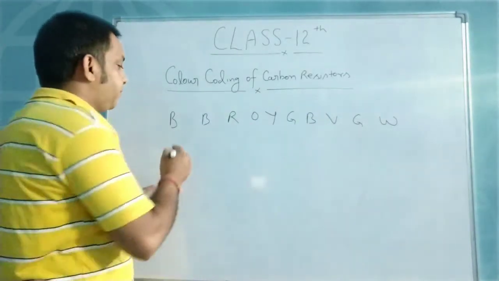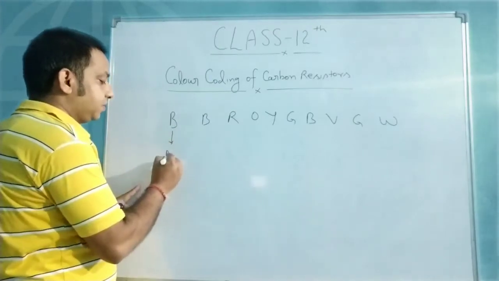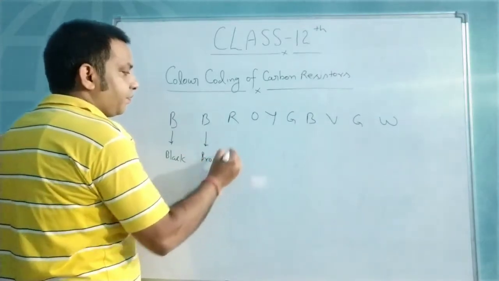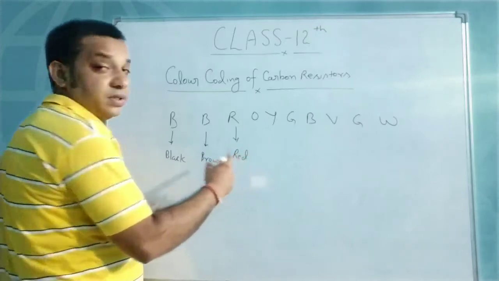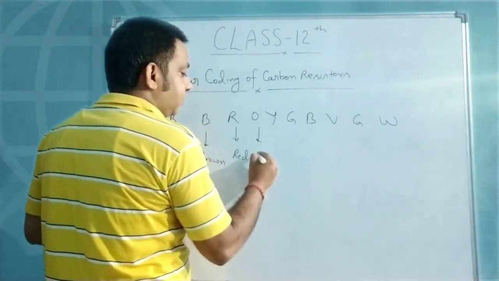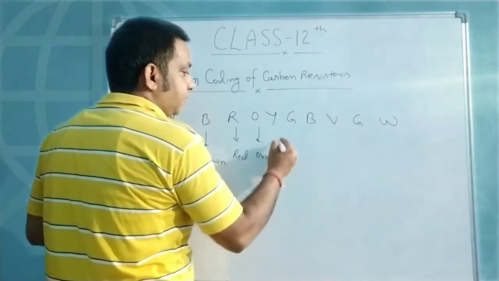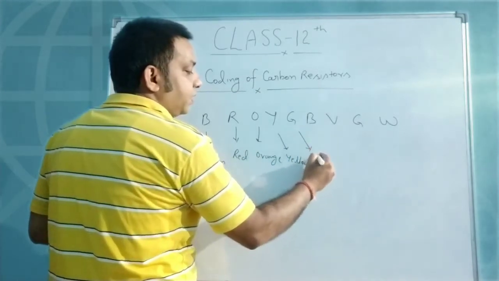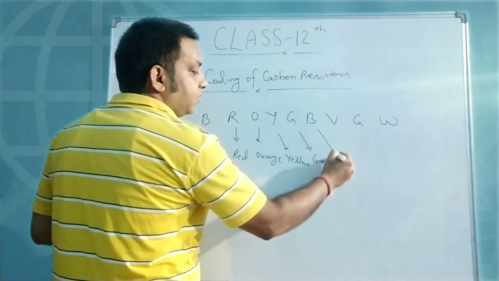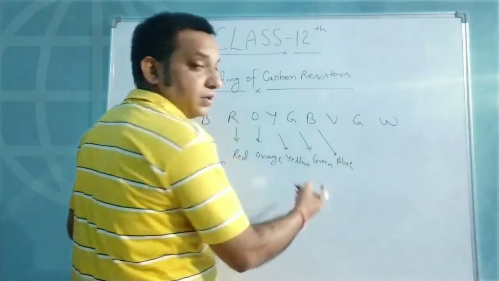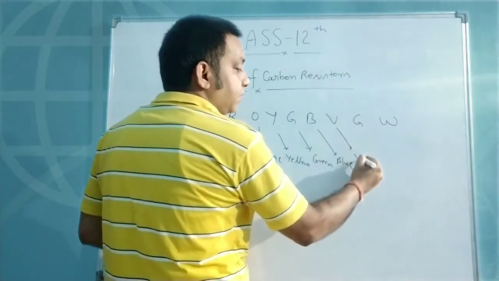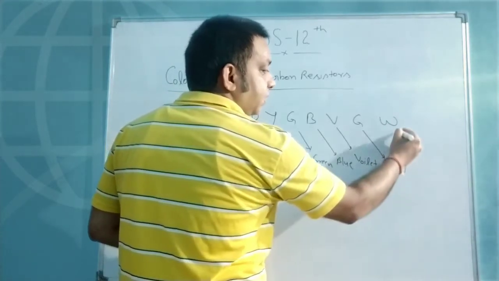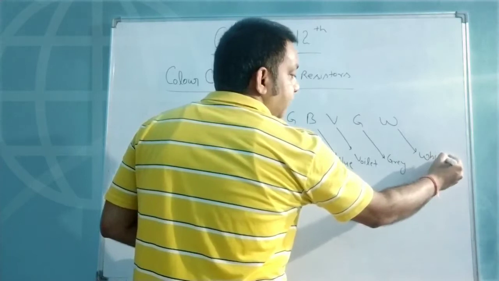Now you can see that the first B stands for the black color, the second B stands for the brown color, R stands for the red color, O for orange, Y stands for the yellow color, G stands for the green color, B stands for the blue color, and V stands for the violet color, G stands for the grey color, and the last W is the white color.